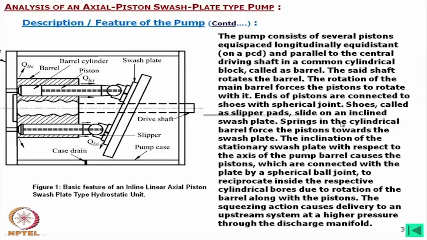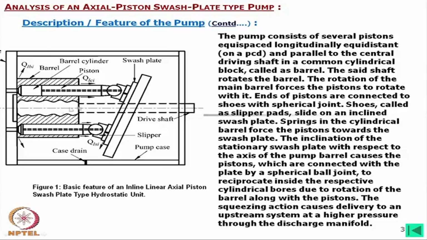Ends of the pistons are connected to shoes called the slipper pads, and these shoes slide on this inclined plate, which is the swash plate. There is a spring inside the cylinder which forces this barrel to touch the valve plate on the other side.